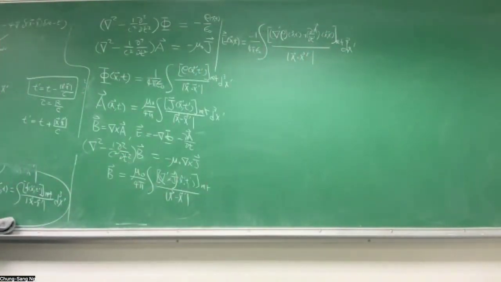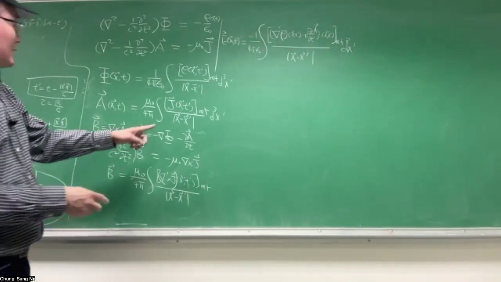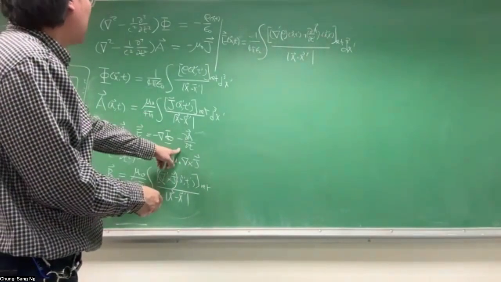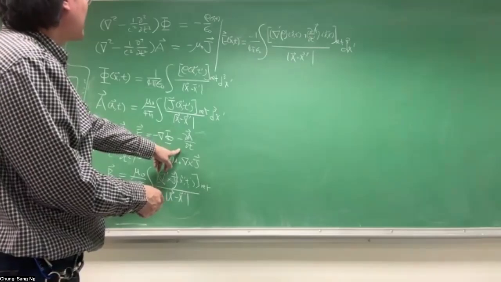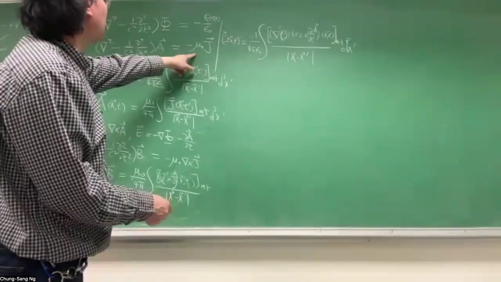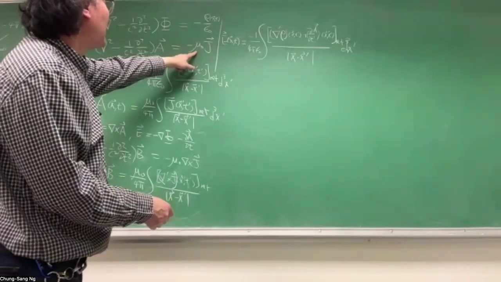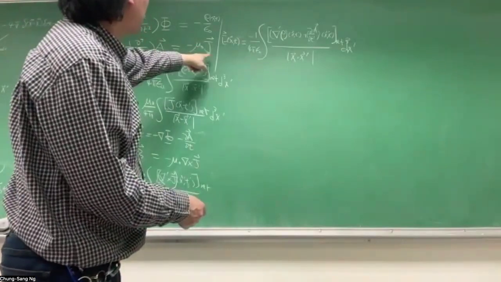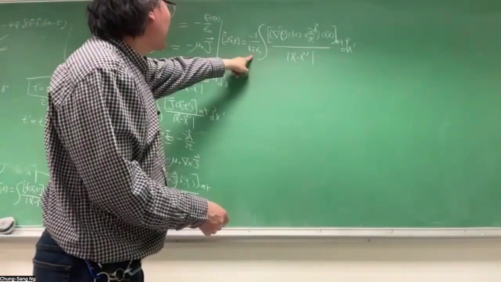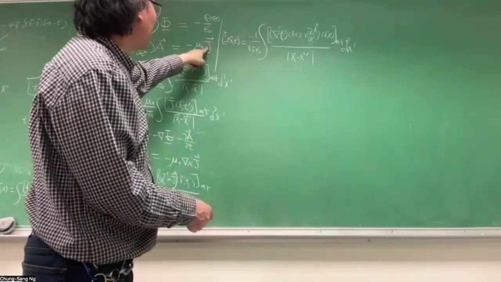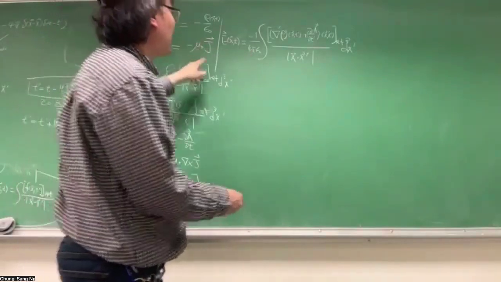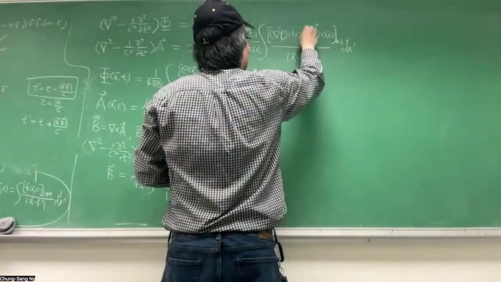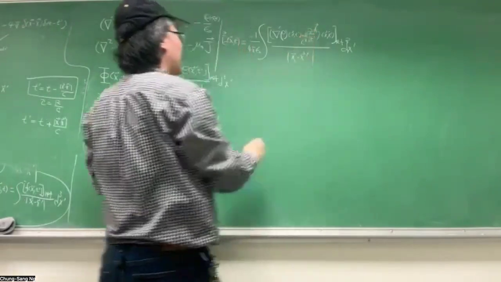Okay, that would be, oh wait. Because this equation has a mu zero, you get 4 pi epsilon zero here, so you divide by epsilon zero, multiply by epsilon zero, and that would be 1 over c squared. So you need that to make it dimensionally correct.